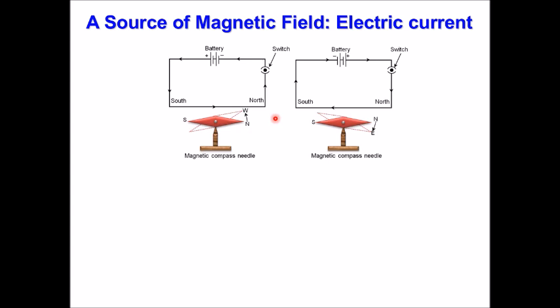He saw that when he closed the switch, the current circulated and the needle started to move, to deviate from the north position. When he opened the switch, so there was no current circulating, the needle came back to the north position.